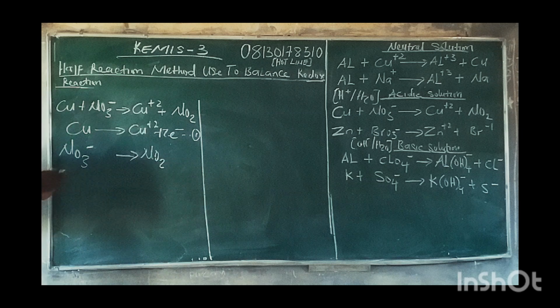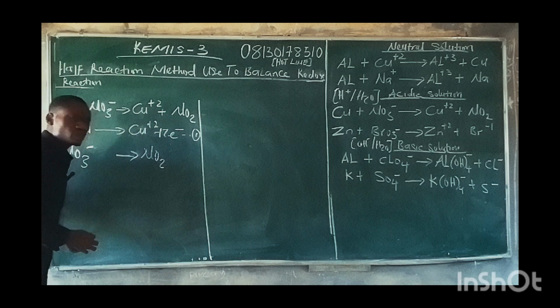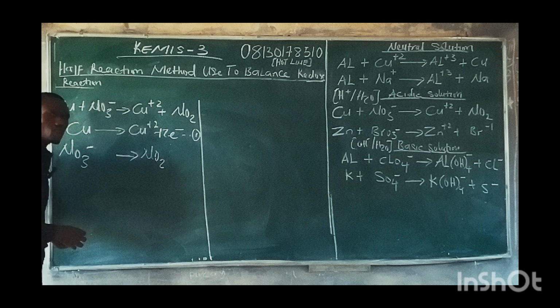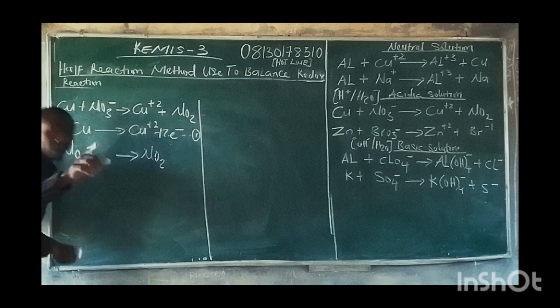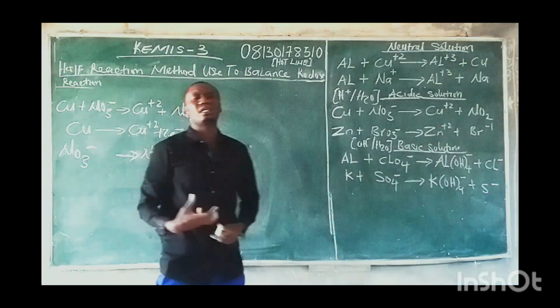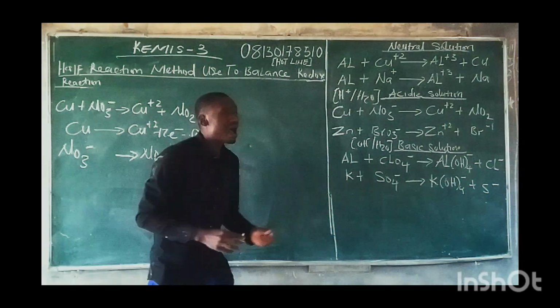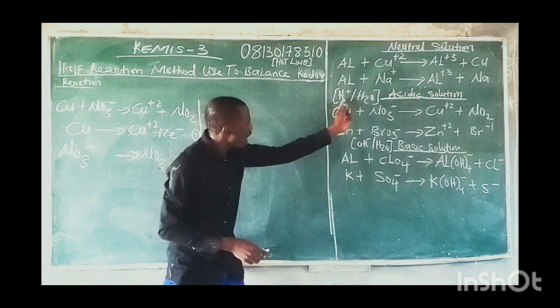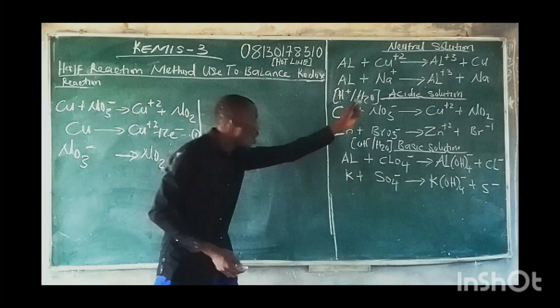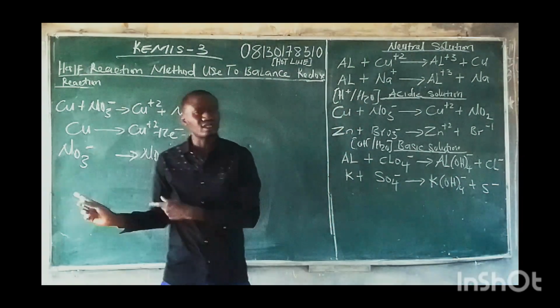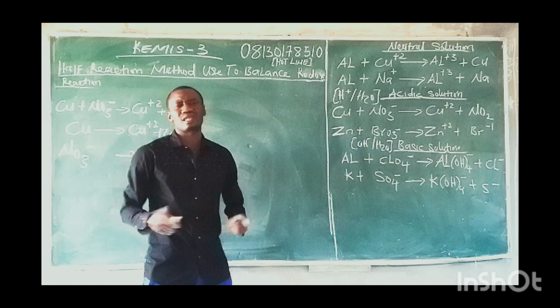Now, I want you to look at the board. What do you think I should do? You notice that we have 3 oxygen here, 2 oxygen here. What will I do so that I can balance out the oxygen? Remember I told you that when you are balancing an acidic solution, you're going to add hydrogen and water. But in this case, what I'm looking for is how to balance out the oxygen.